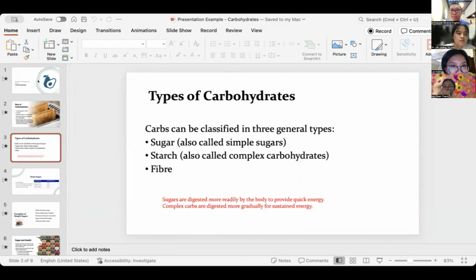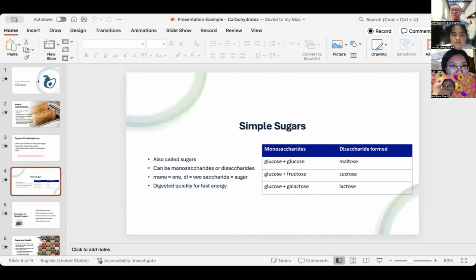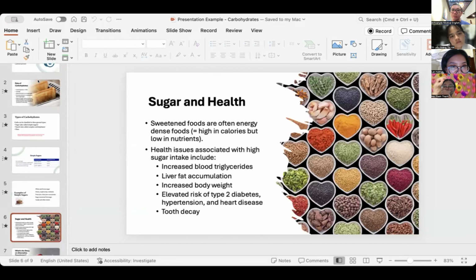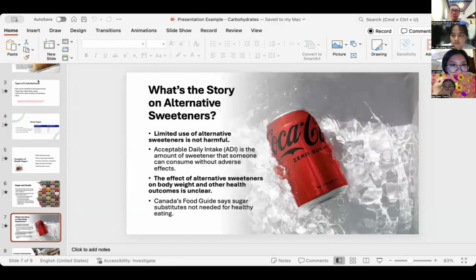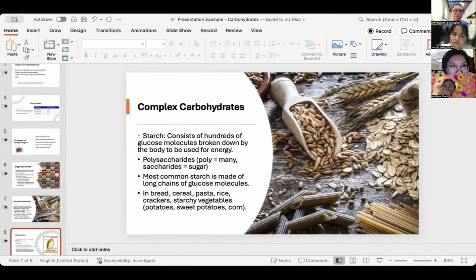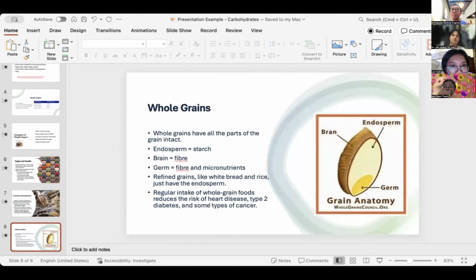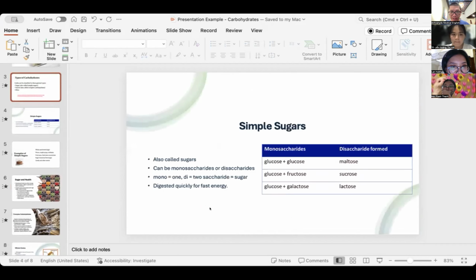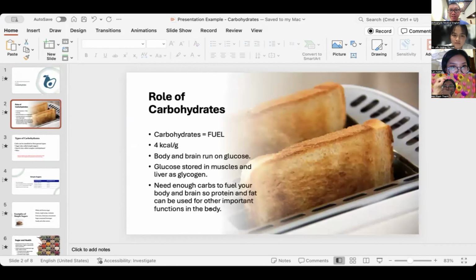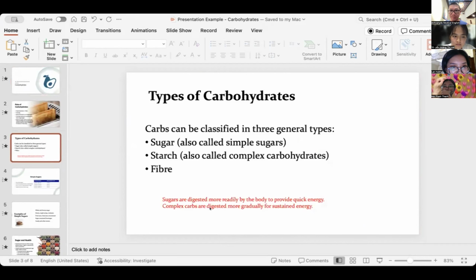We have types of carbohydrates: simple sugar, with examples, and the relationship of sugar. There is also one part that is not really important, and you don't need to talk about it. We have complex carbohydrates and whole grain. Try to present this slide in front of the class.